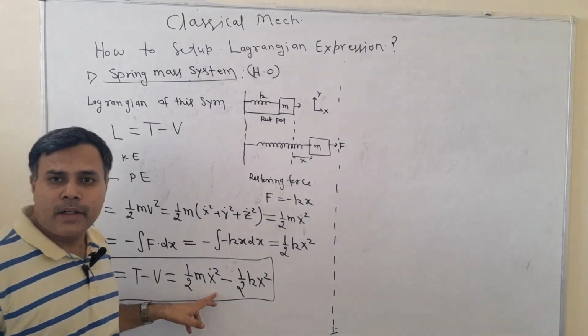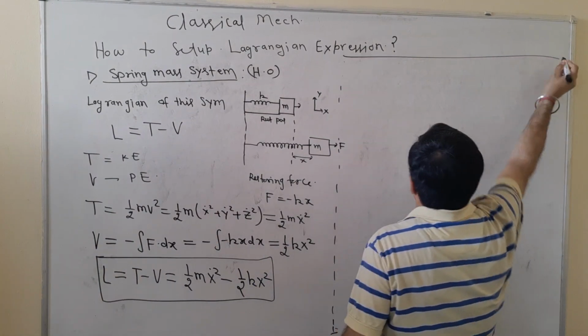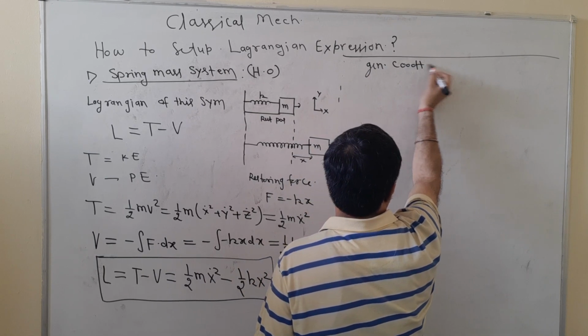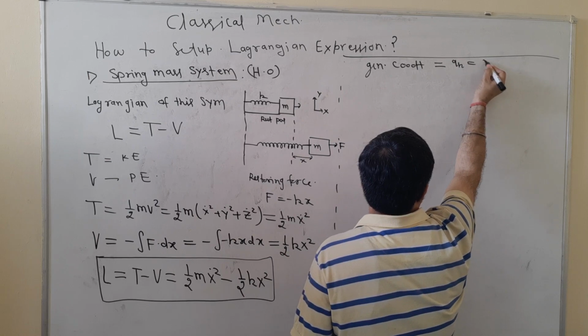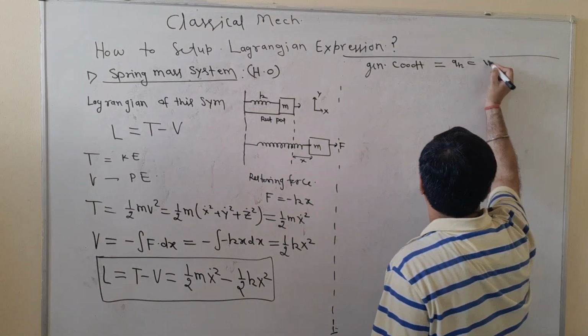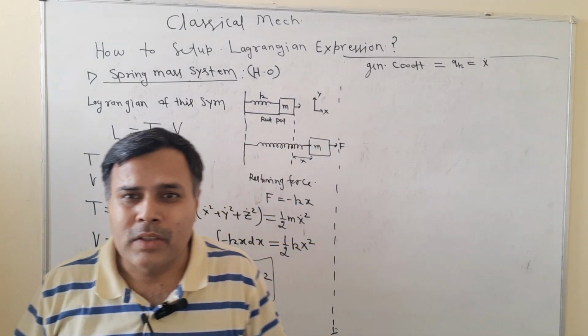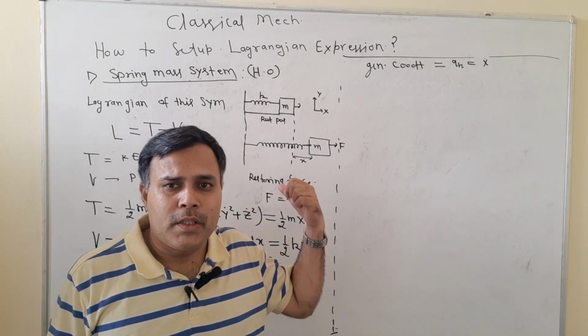So what is the generalized coordinate in this system? The generalized coordinate in this system is qk, which is x. So there is only one generalized coordinate, and I have already explained the concept of degree of freedom. We can also evaluate the degree of freedom for this physical system.